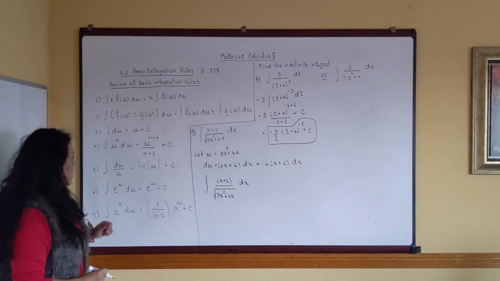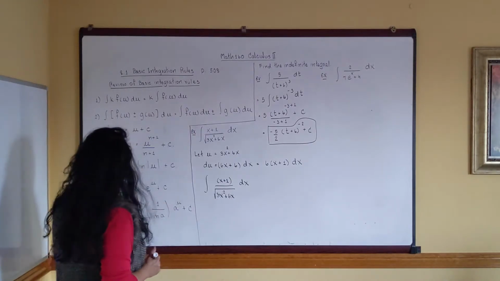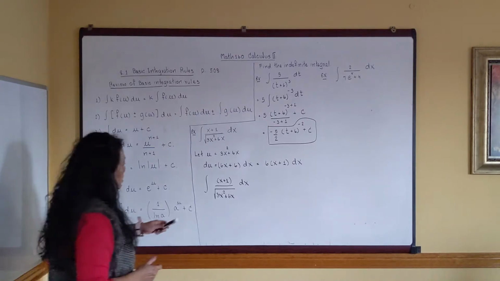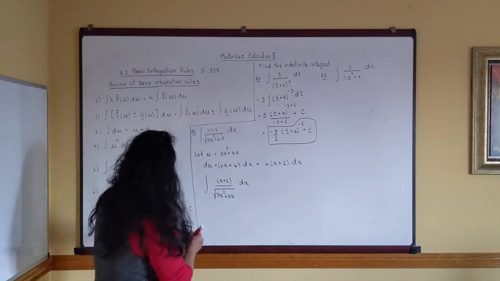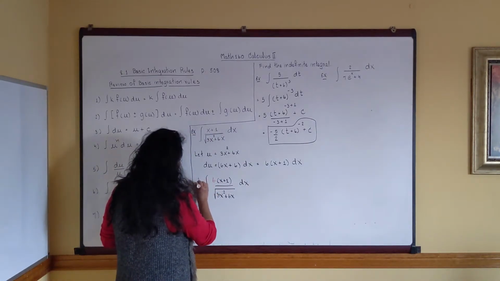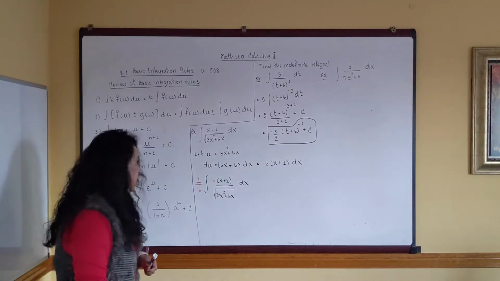Alright, again, I have u here. I need the du, but I'm missing the 6. So what I'm going to do is put a 6 and multiply by 1 over 6. 1 over 6 times 6 is 1.